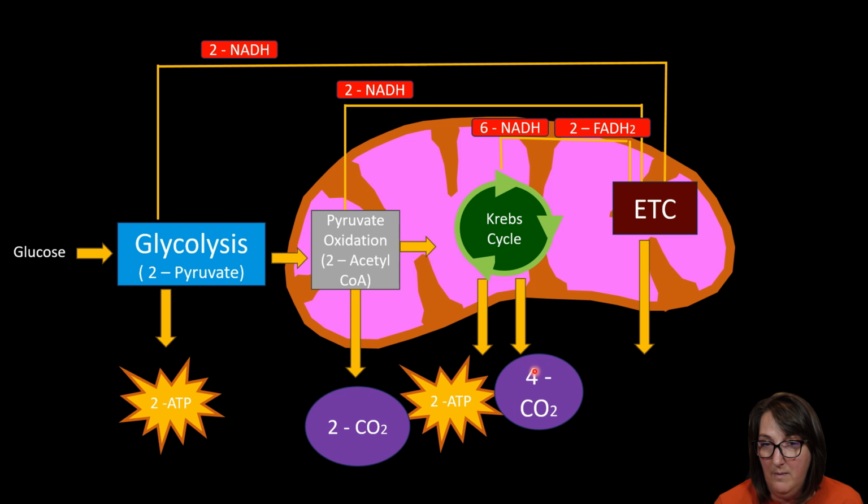I've taken out all of my carbons. Remember, I had 6 carbons for C6H12O6, and here I have 2 and 4, which give me 6.